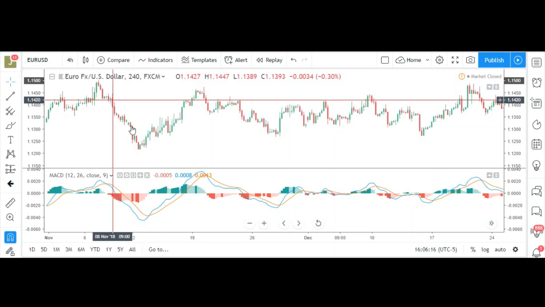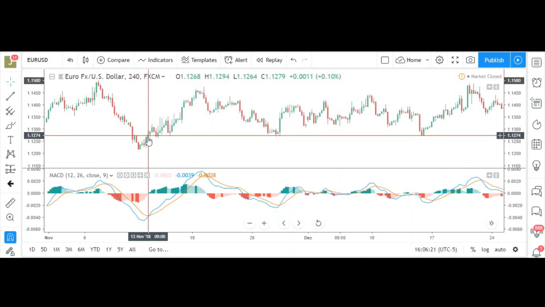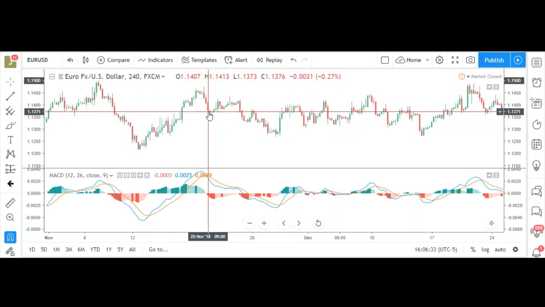Yeah, let's see. Now we would have got about 1420 all the way to 1270. So that's over 130 pips. And then you could have got this upswing and got even more. If you're trading in stocks, this is over 100% gain.